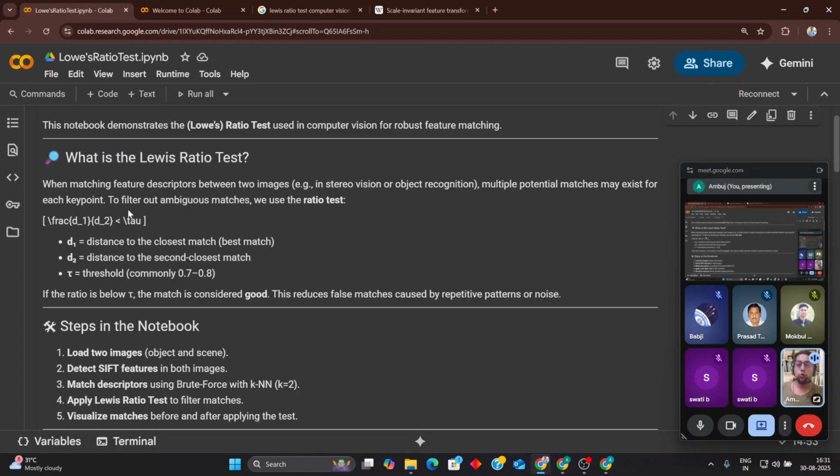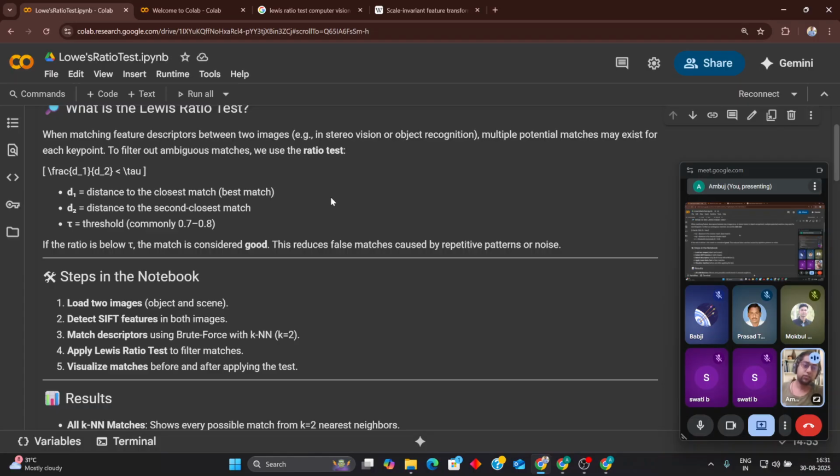To filter out the ambiguous or doubtful matches, we use a particular indicator, the ratio test, the Lowe's ratio test, which is d1 divided by d2 less than tau, where d1 is the closest match, d2 is the second closest match, and a threshold tau is provided between 0.7 to 0.8.